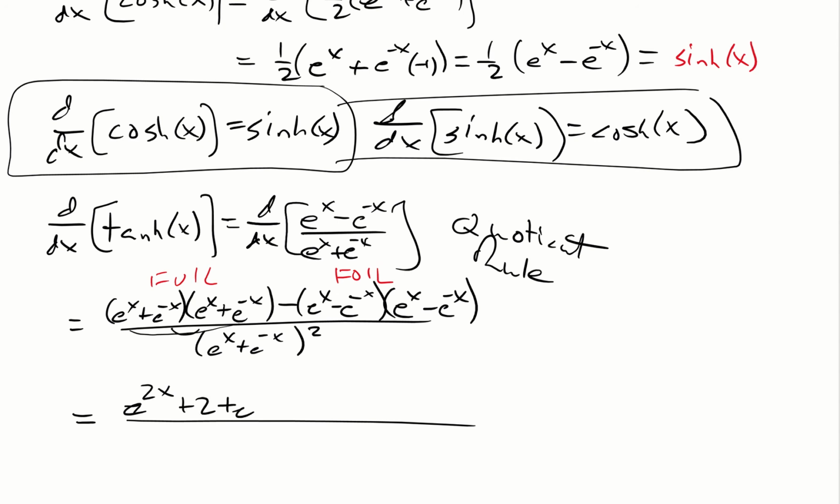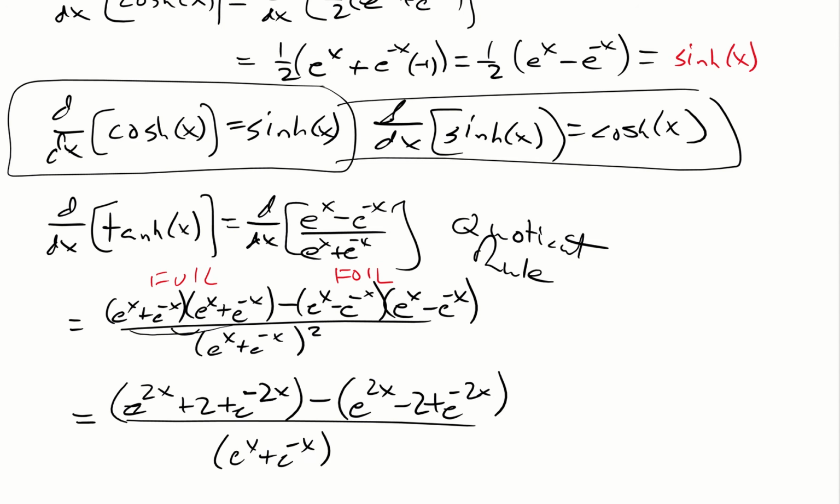And then plus e to the negative 2x. Okay, that minus this FOIL: e to the 2x minus 2 plus e to the minus 2x. And downstairs, same thing. I know that FOIL was quick, wasn't it? But look what happens.